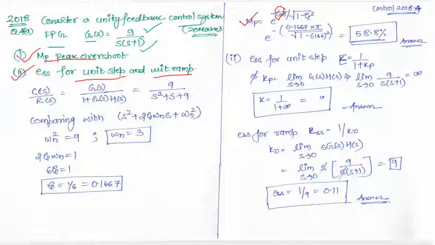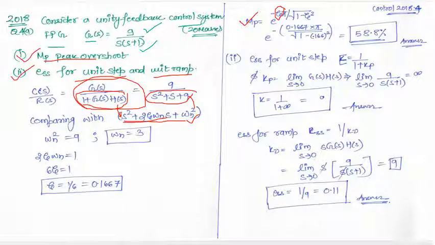This is identified by considering the standard form of the characteristic equation, which is s square plus 2 zeta omega n s plus omega n square. How can you do that? You need to go for C(s) by R(s) is G upon 1 plus G(s)H(s), and this 1 plus G(s)H(s) gives the standard form. So compare this denominator with the standard form of the characteristic equation.